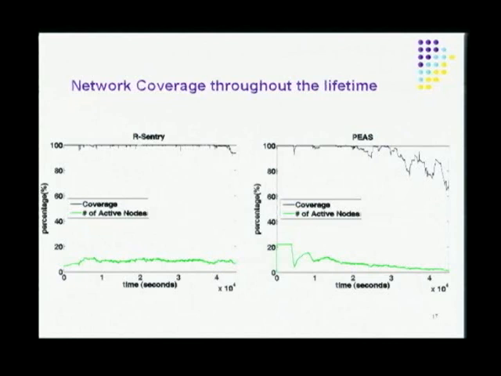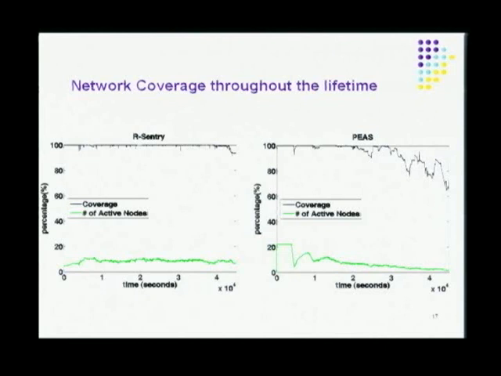We can see our algorithm always keeps a steady number of active nodes as the simulation goes, and thanks to that, the coverage of the network can be maintained almost always above 90%.